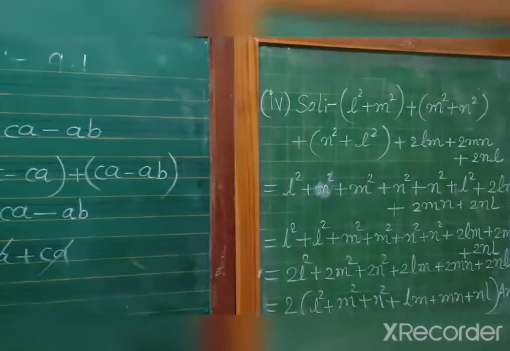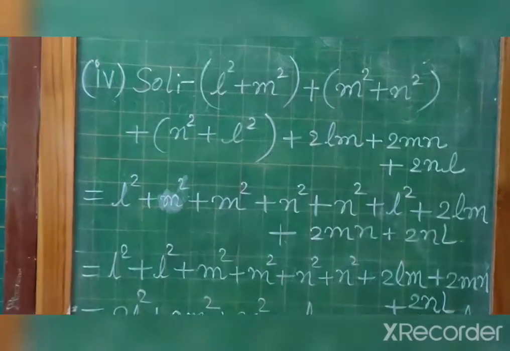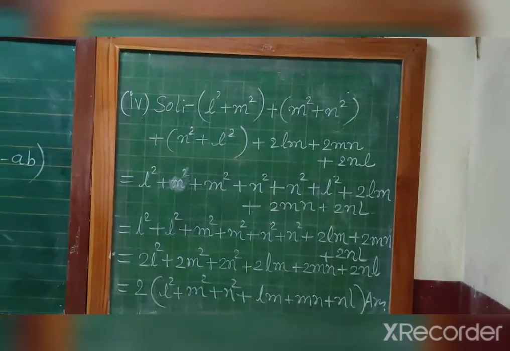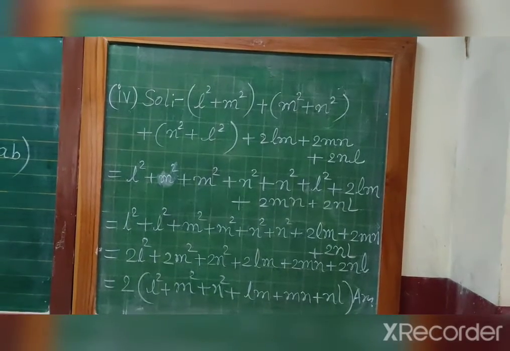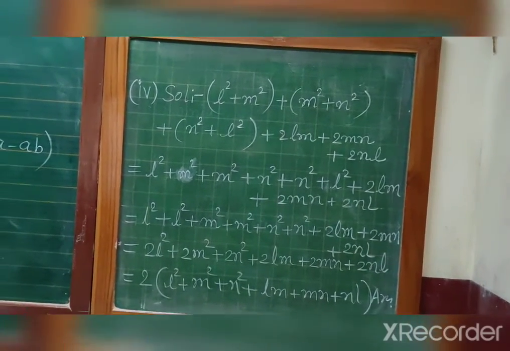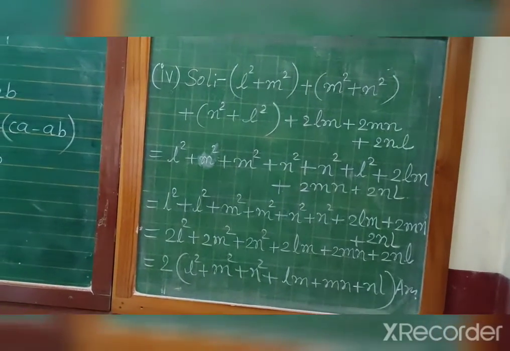In the same way I am solving the fourth question of question number 3: L square plus m square, plus m square plus n square, plus n square plus L square, plus 2lm plus 2mn plus 2nl.